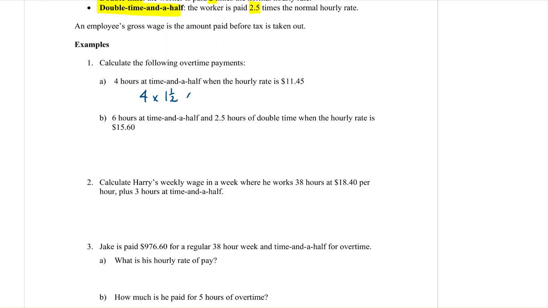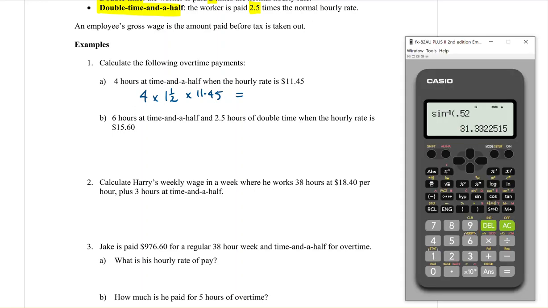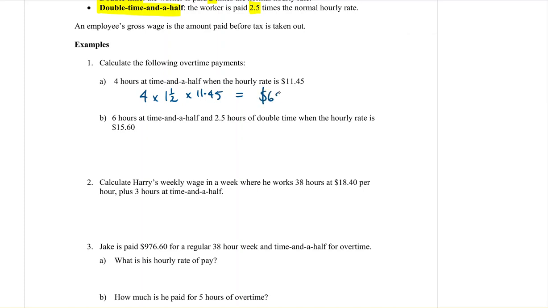And you times that by 11.45, which is how much they get per hour. Okay, so 4 hours, the time and a half is the 1.5 and $11.45. And in the calculator we go, so 4 times 1.5 times 11.45. So it is $68.70. Okay, remember the extra 0 on there because it's money.